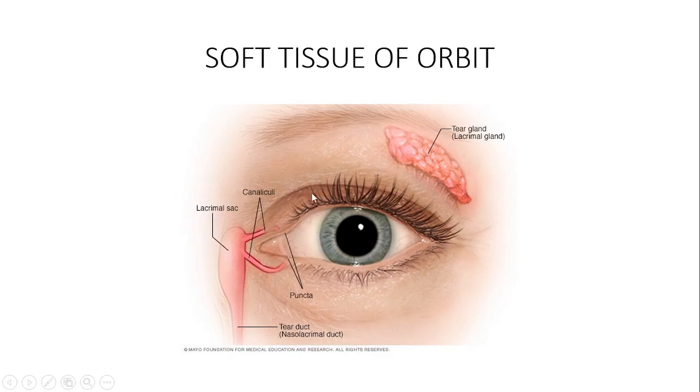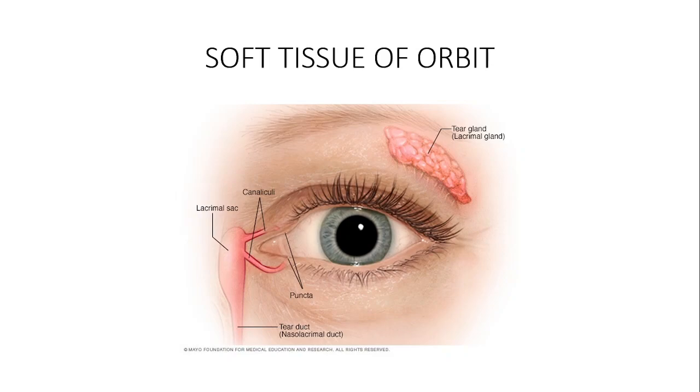So the upper ones are more numerous, more elongated, and more pigmented, but the lower ones are less in quantity, less pigmented, and less elongated. Those are the characteristics of the eyelashes.